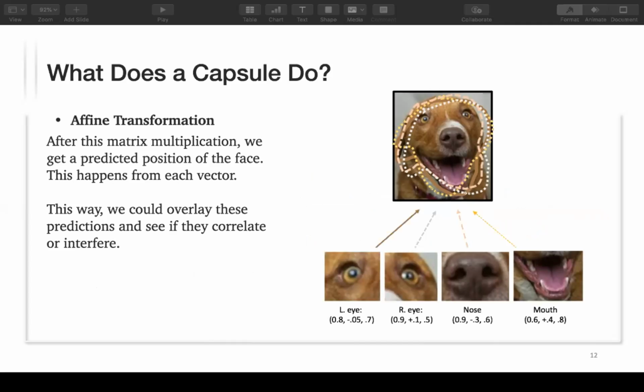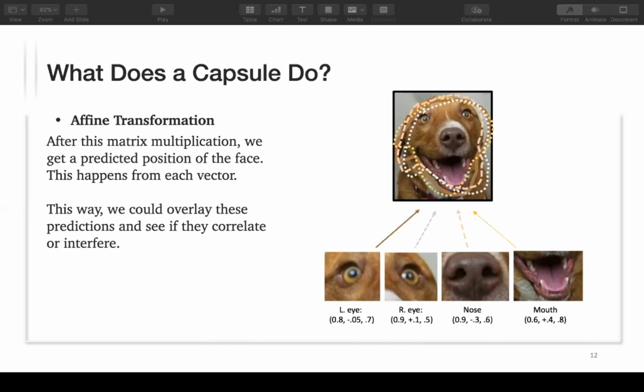So, for example, suppose in the current layer we already extracted the dog's left eye, right eye, nose, and mouth. Then after the matrix multiplication, we get a predicted face for each input vector.